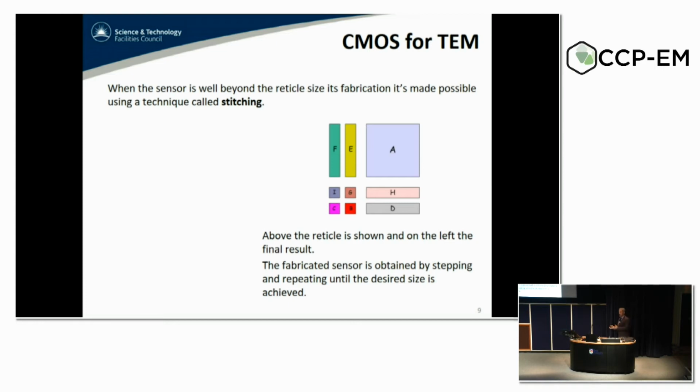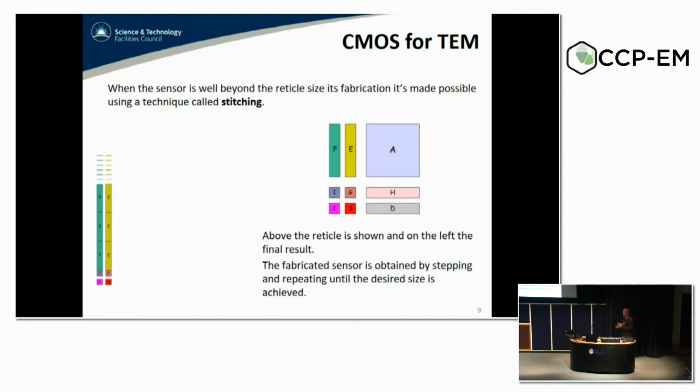But these kinds of developments in the CMOS world are extremely expensive. But luckily, as I said before, we could tap into developments that were already happening. And we use a technique called stitching. So your reticle is not the full sensor, but is effectively a collection of different blocks that you can stitch together.